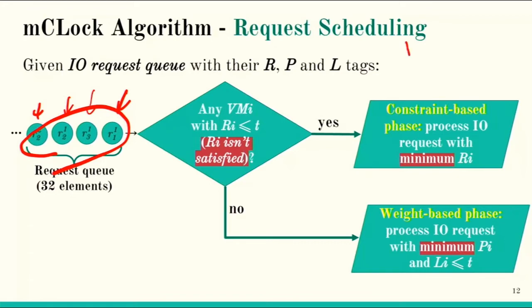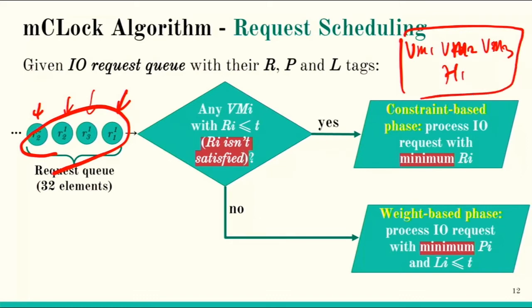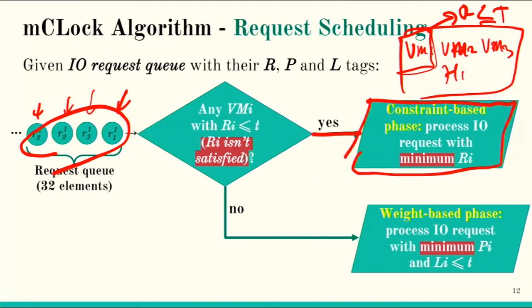For example, I have VM1, VM2, VM2, VM3 here on host 1. If for the request from VM1 the R value is still lower than the current time, it means that VM1's lower bound is still not satisfied. In such a case, we go to this process: process the IO request with the minimum Ri. So in this case, we try to fulfill the minimum requirement, the lower bound.